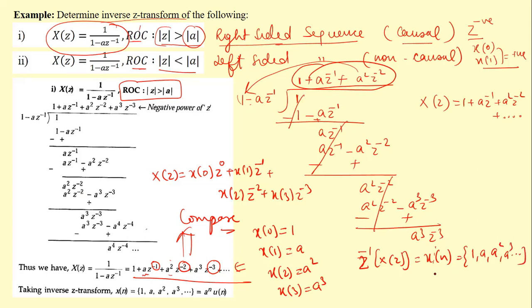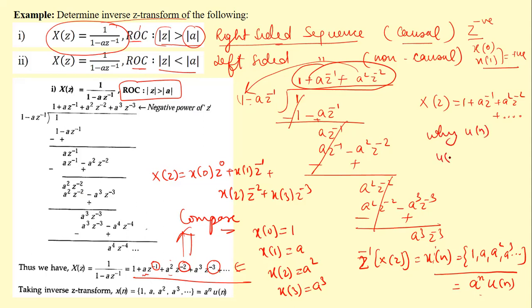Now either you can stop here or you can write it like this, because what we are seeing here is that the power of a is increasing, so we can write it as a raised to the power n and multiply it with u(n). Why u(n)?